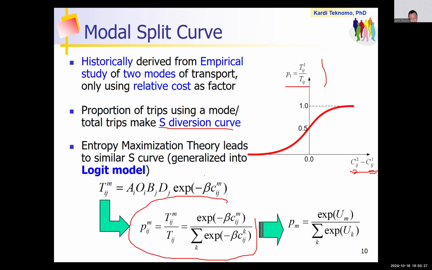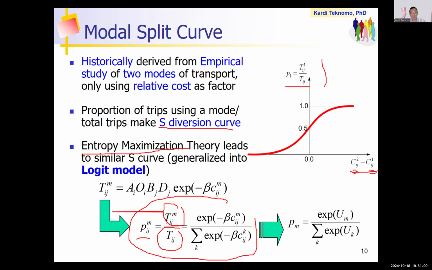If you use maximum entropy theory on this S curve and derive it mathematically, you will get this logit model. This logit model represents the probability of a mode to go from I to J, the number of trips of that mode divided by the total number of trips. This is one cell in the gravity model.